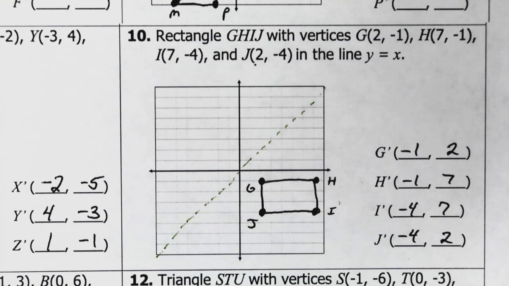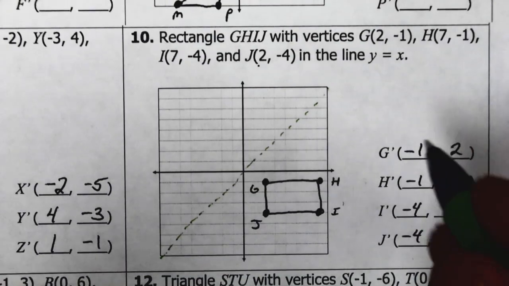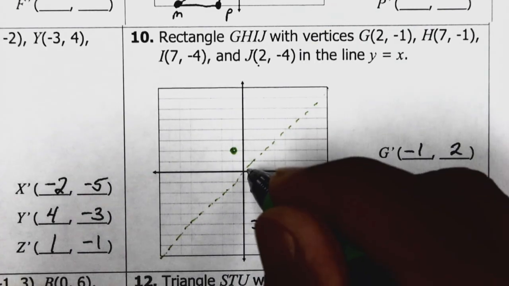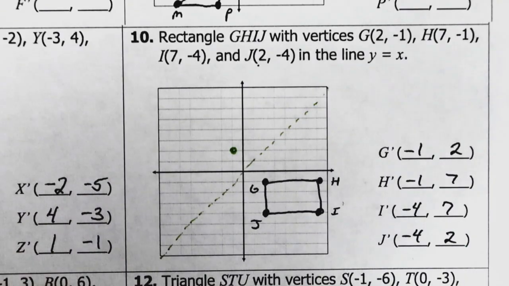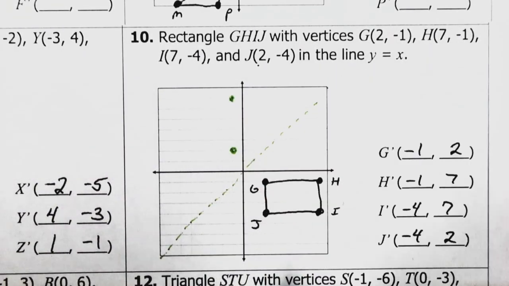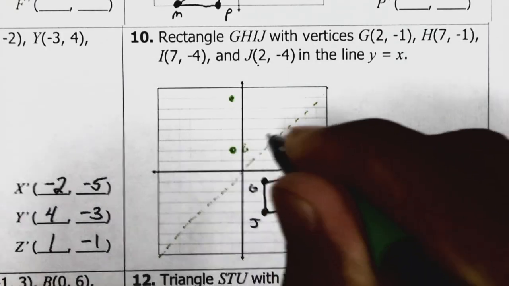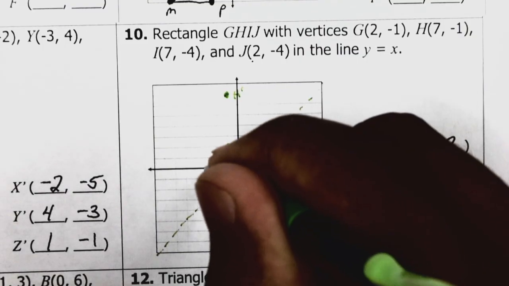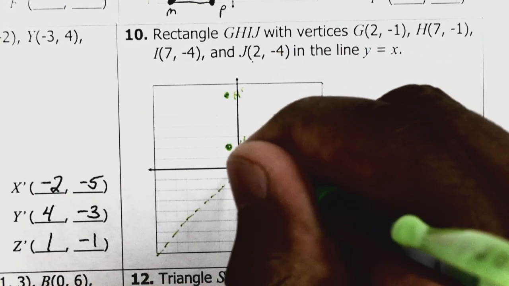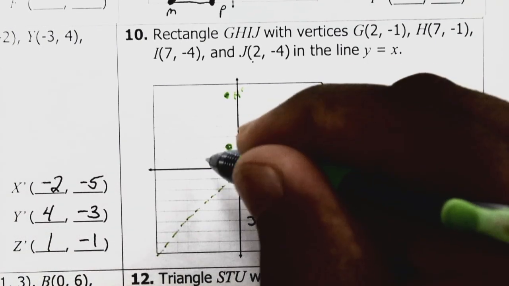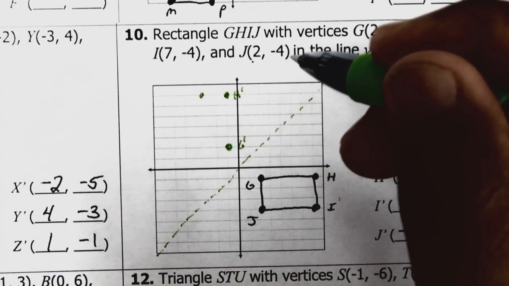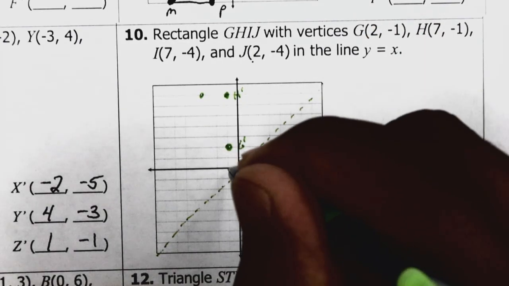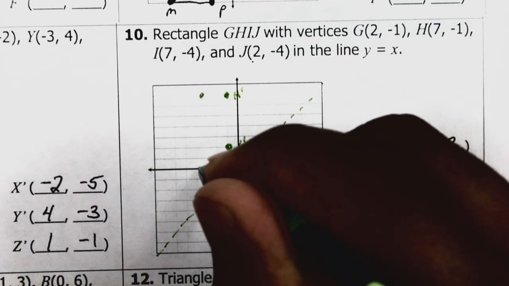Very simple. So all you have to do is go ahead and plot these points. So -1, 2, this is G prime, -1, 7, that's H prime, so this is G prime, this is H prime. -4, 7, 1, 2, 3, 4, 7, and then -4, 1, 2, 3, 4, 2.